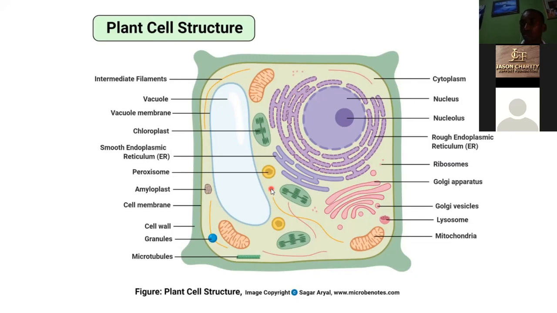It is an aqueous solution, a water-based solution. That's why a large percentage of the cell is made up of water, and it is in this that the organelles are found.